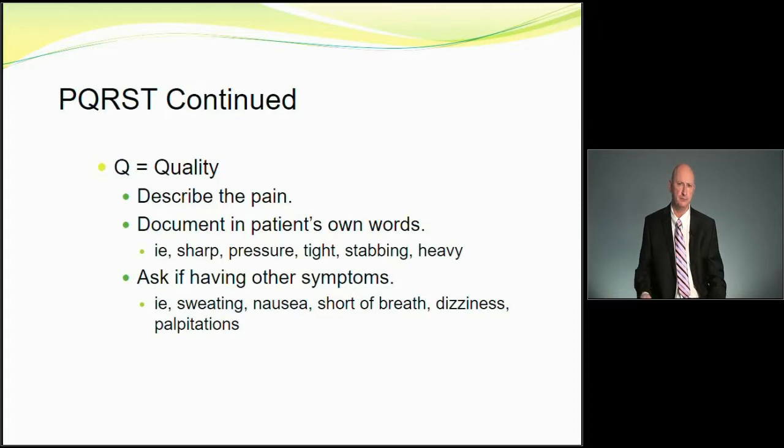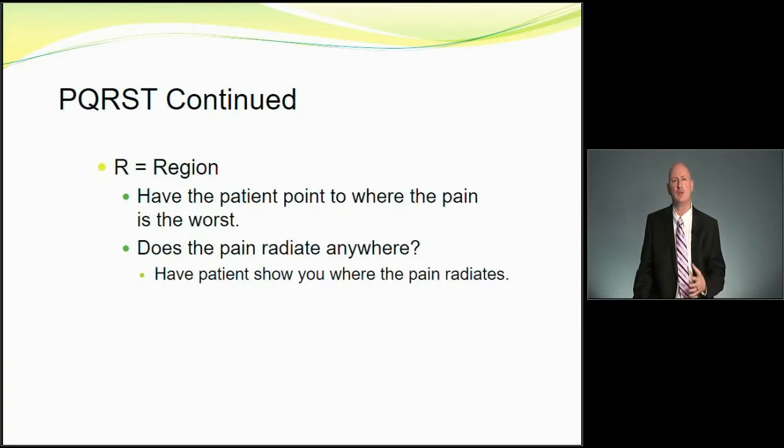The other thing too is region. Ask the patient where they're having chest pain, because the patients may just say, I'm having chest pain, but then when they point to it, it could be anywhere, from their clavicles all the way down to their stomach. It may be at their backside. They'll say, I feel it in my back here on the backside of my ribs. Those are the things you want to know. When they talk to you and you say, where is your chest pain?